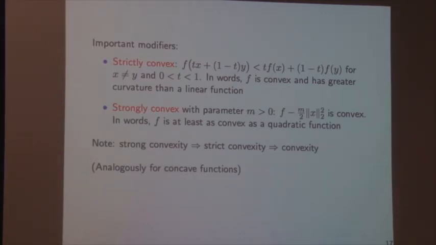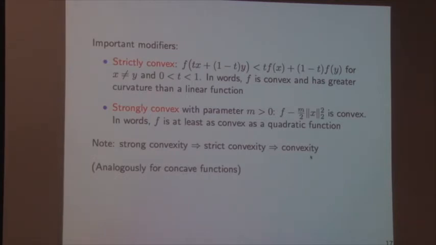Right? It has more curvature than a line. Strongly convex means it's more convex than some quadratic. And the parameter m governs how curved that quadratic is. Okay, so you can check that strong convexity implies strict convexity, which in turn implies convexity. So strong convexity is the strongest form of convexity, and then strict convexity, and then convexity.